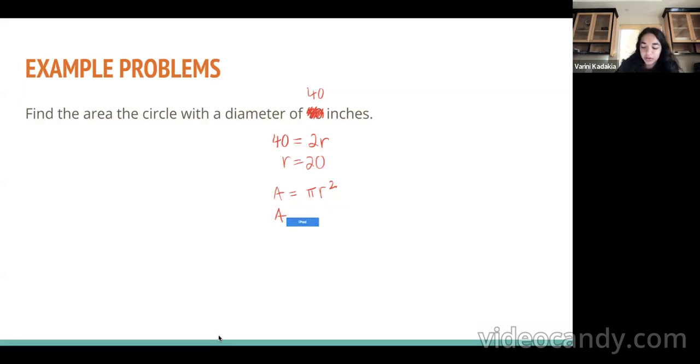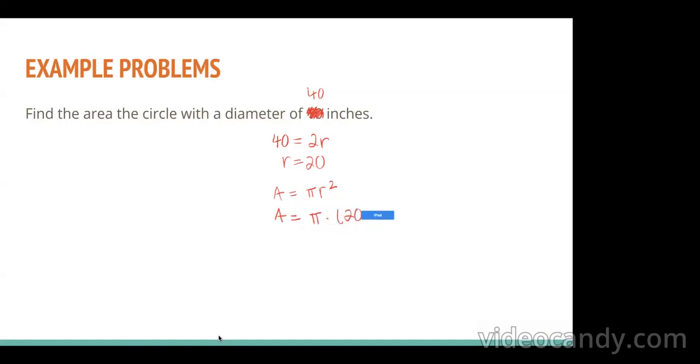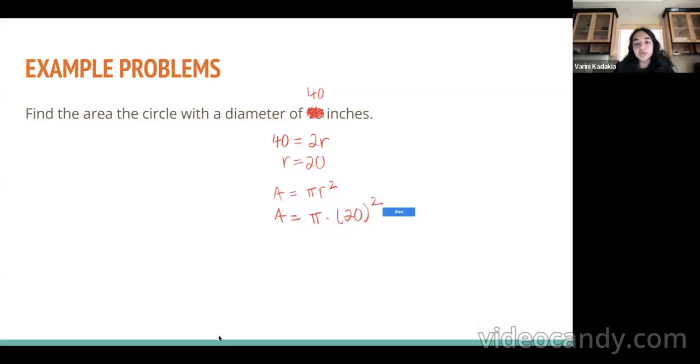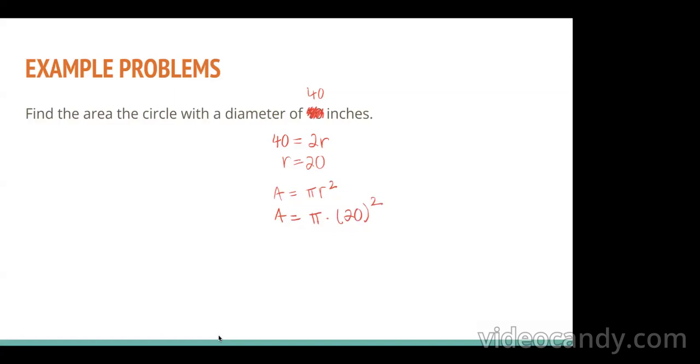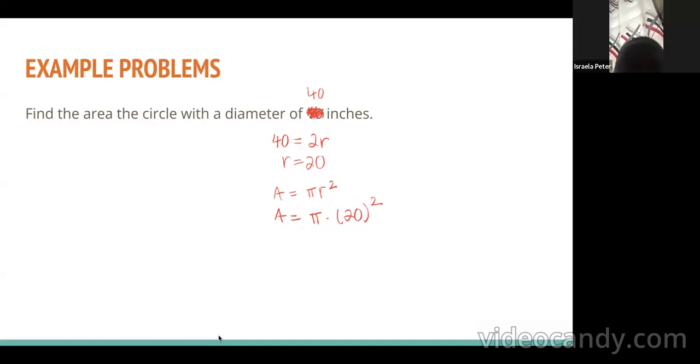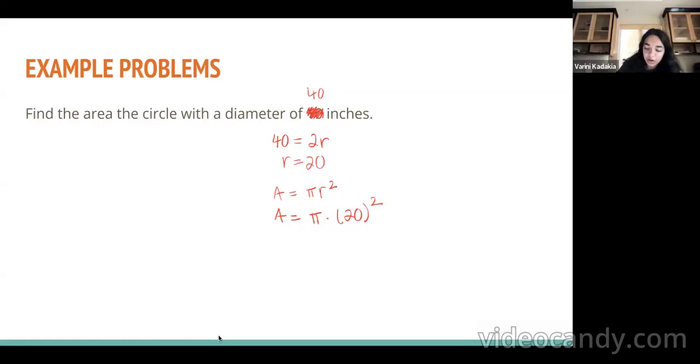So we get area equals pi times 20 squared. What is 20 squared? 400. 20 squared is 20 times 20, which is 400. So our answer would be 400 pi. Is that correct?